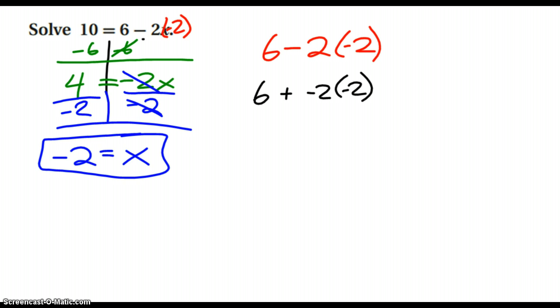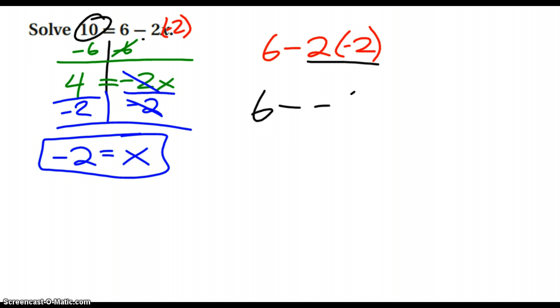Either way works out. Like I said, the other way you can think about it is 6 minus, and then do this product, 2 times negative 2, and we still get 10. So it does check out. So the correct answer is x equals negative 2.